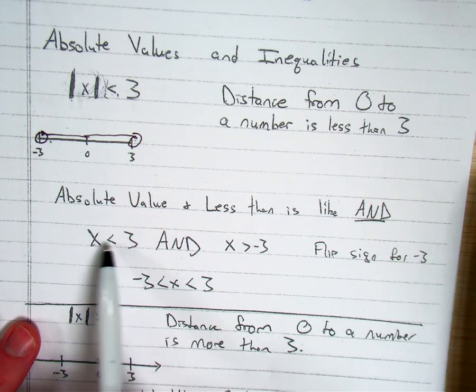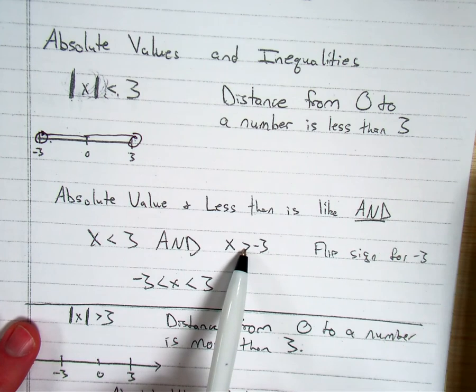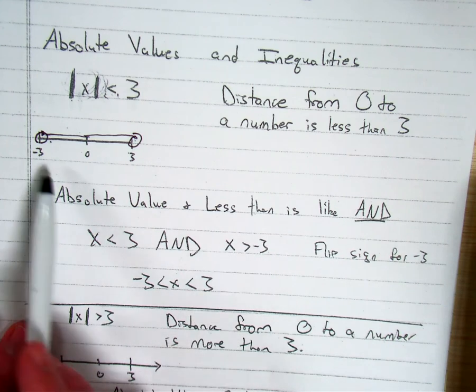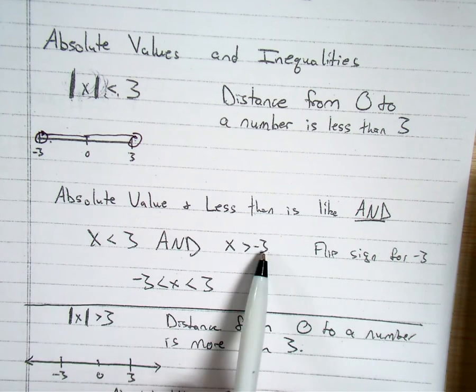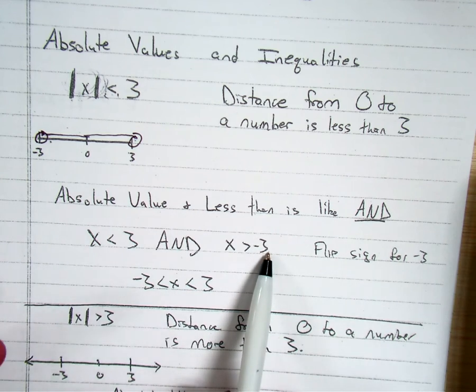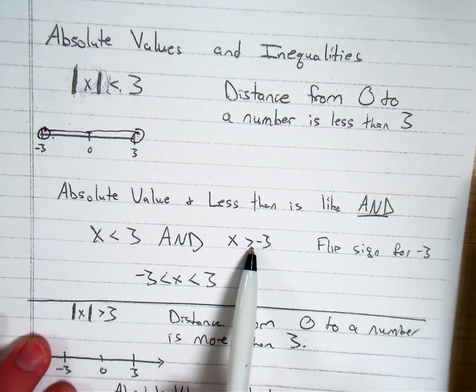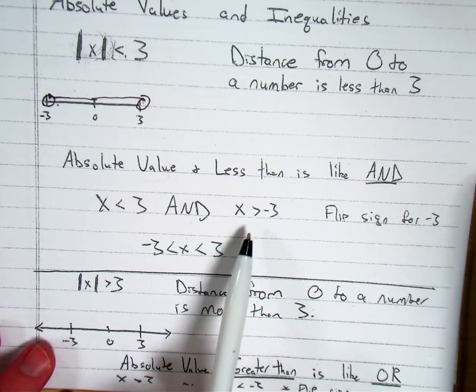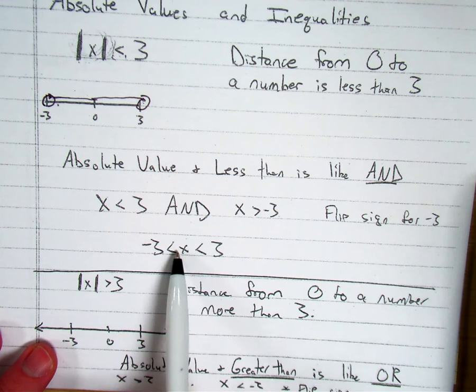Because we went from x is less than 3, and then we did greater than, so I flipped the sign to a greater than, and I changed this to a negative 3. Or you can look at it as I changed this to a negative 3, and we know our rule with negatives and inequalities, we flip it. So because I changed this number to a negative 3, I flip the inequality. All right, so x is greater than negative 3, or negative 3 is less than x.